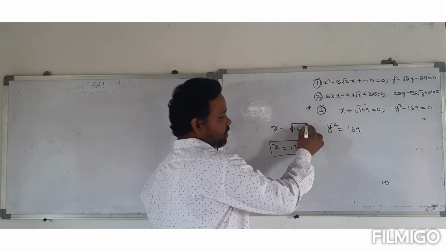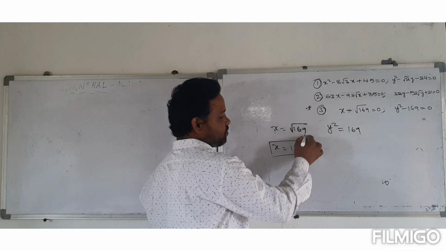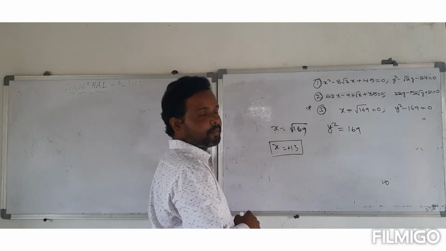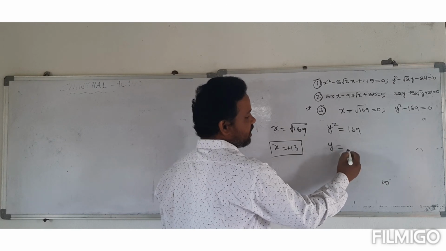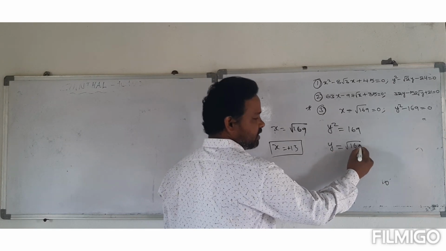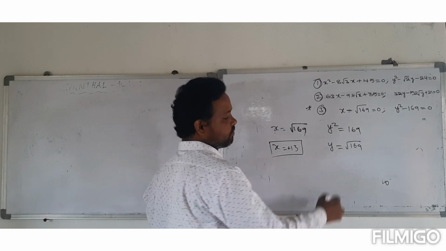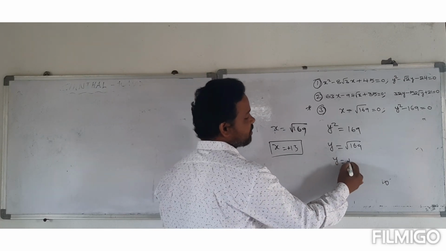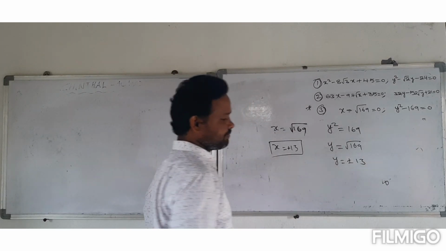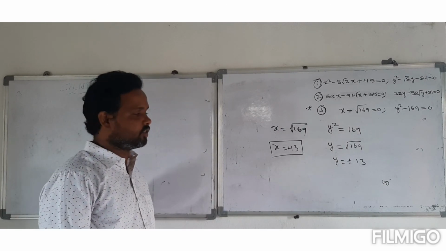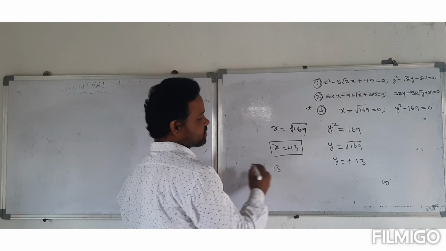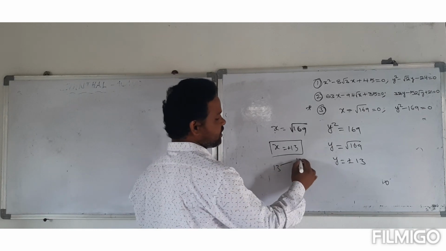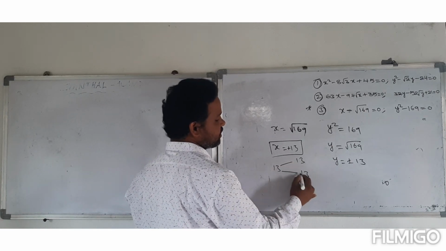Some value under root gives only a positive value. If there is y square, the resultant value, it is also under root of 169, but the resultant value is plus or minus 13. Just observe here. X is 13, then y is 13, another case is minus 13.